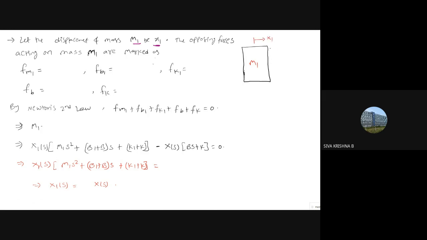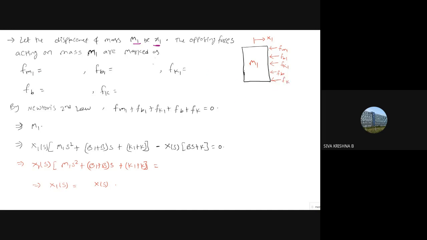Next is the mass force itself, Fm1, and another force is Fb1, and one more, Fk1, and one more thing, Fb dash part. This Fb1 is only for m1, and next one is Fk.